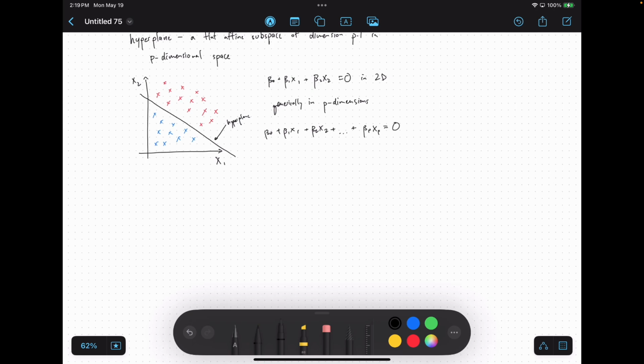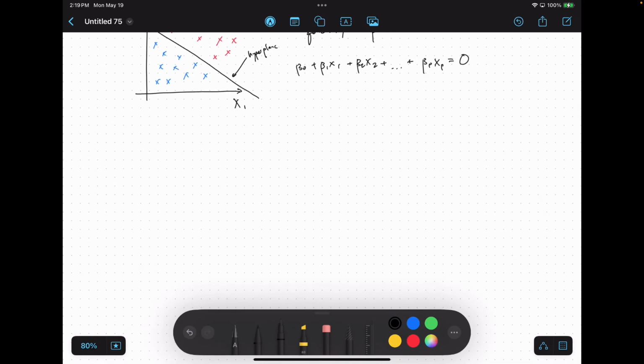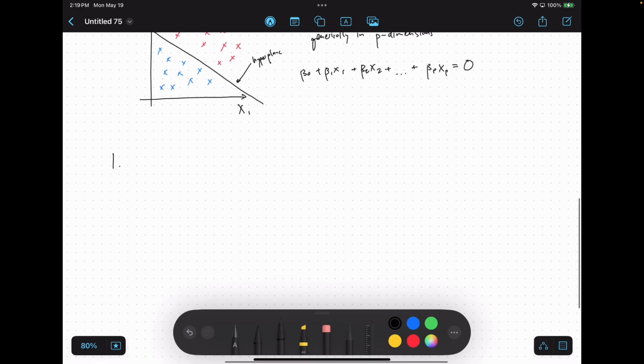Okay, so we're going to start off with a particular type of classifier. This is going to be called the maximal margin classifier. And so this would be an optimal separating hyperplane.